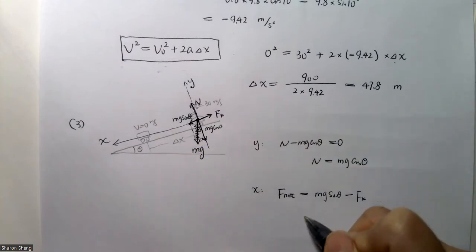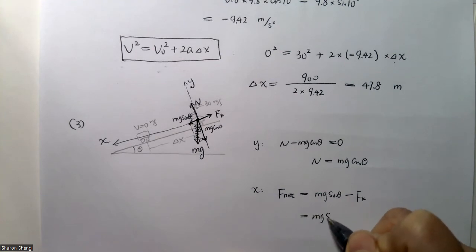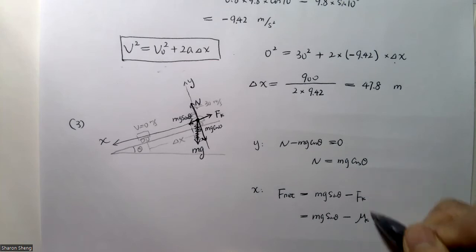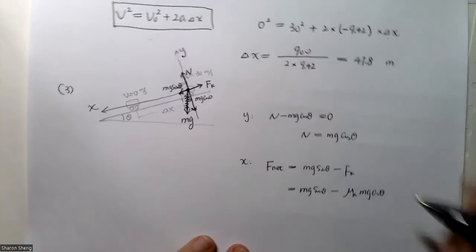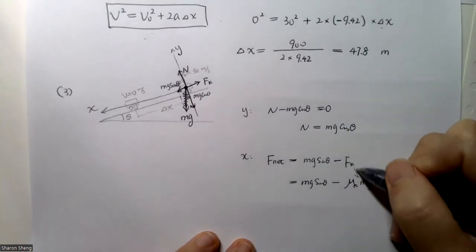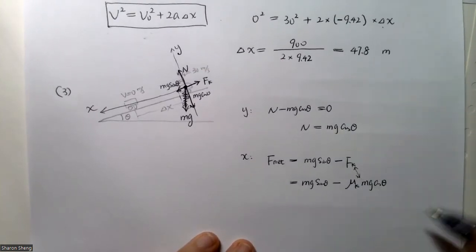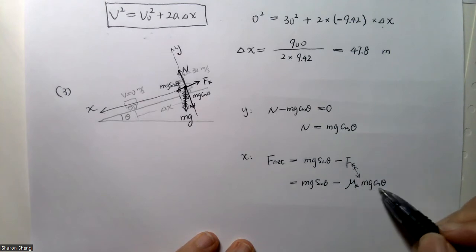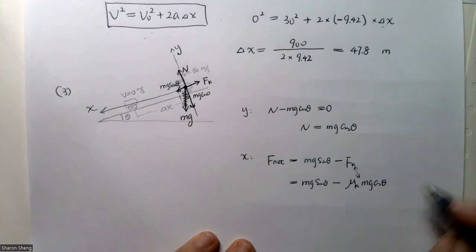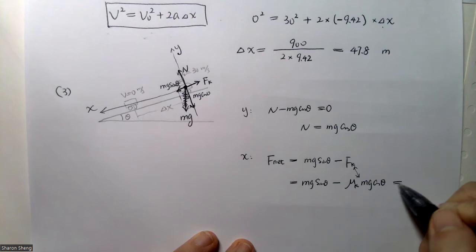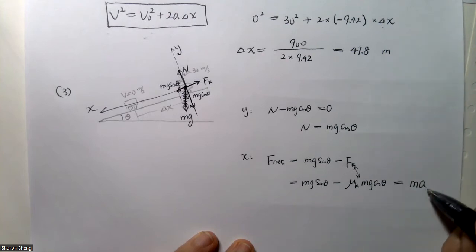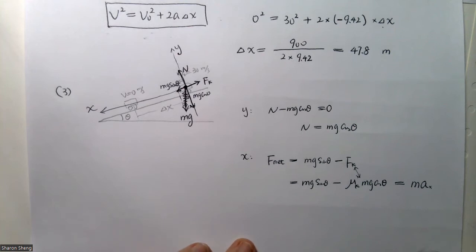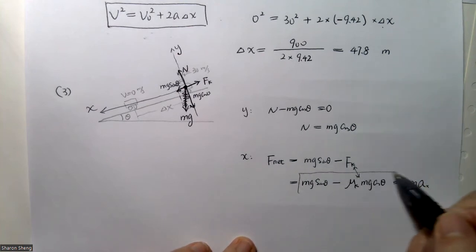And Fk is always equal to mu k times N, and N is mg cosine theta. A quick substitution: Fk equals mu k N, N is mg cosine theta. And this net force equals ma, or you can use max. Does not matter.